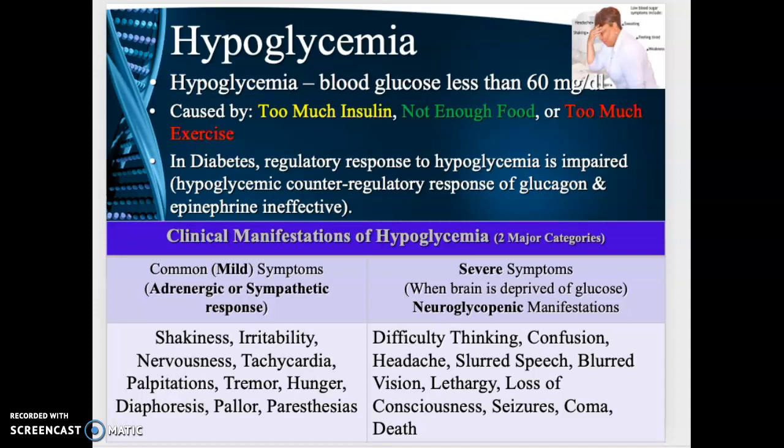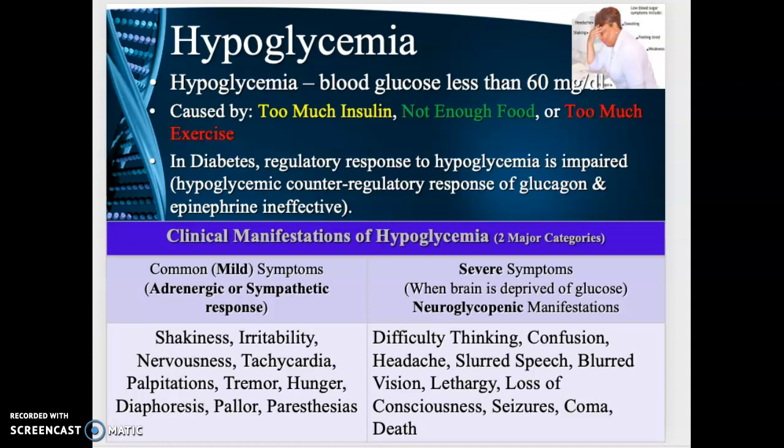And so when their body releases glucagon, it doesn't raise their blood sugar, and when the sympathetic nervous system or the epinephrine response hits, it also doesn't cause their blood sugar to go up. So with a diabetic, their blood sugar continues to fall until we have some type of intervention for this person.